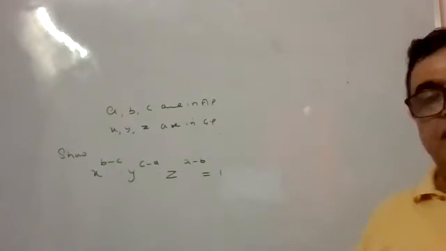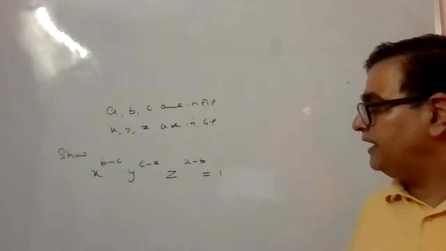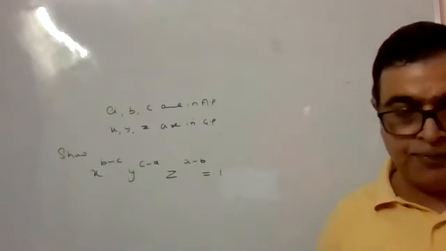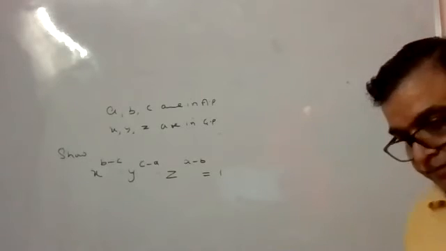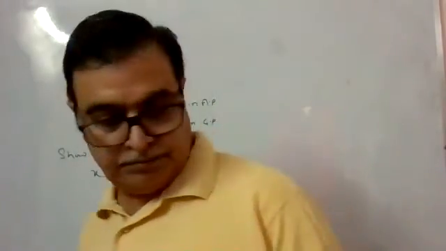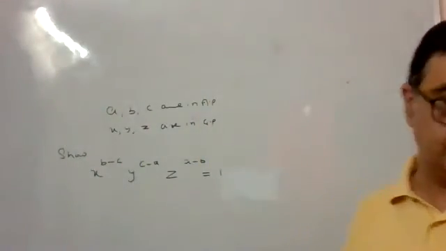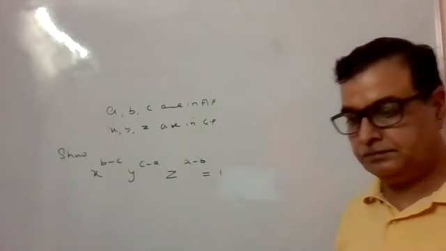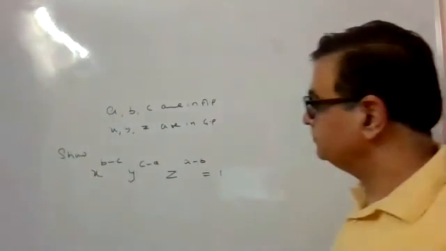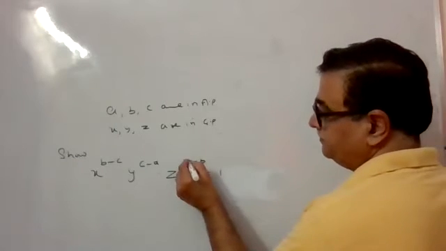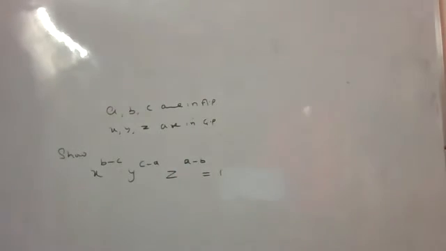We have to prove x power b minus c, y power c minus a, z power a minus b comes out to be 1. Sir, it is z power a minus b, yes.